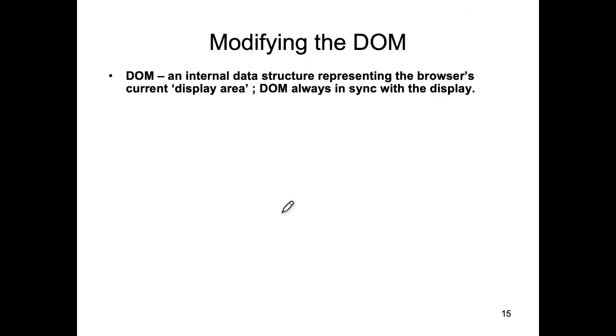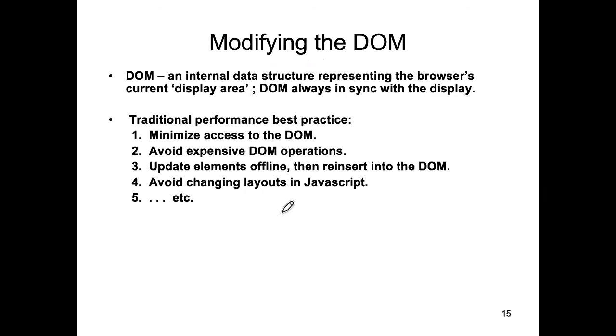Now, in the early days of writing browser-based apps, we had to write a lot of JavaScript code which involved interacting directly with the DOM data structure in the browser. And of course, the DOM was slightly different from browser vendor to browser vendor, so that caused problems as well.